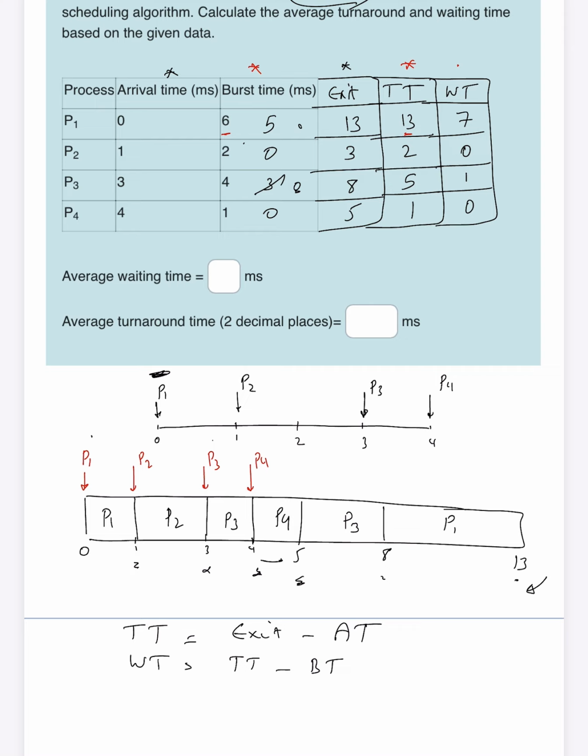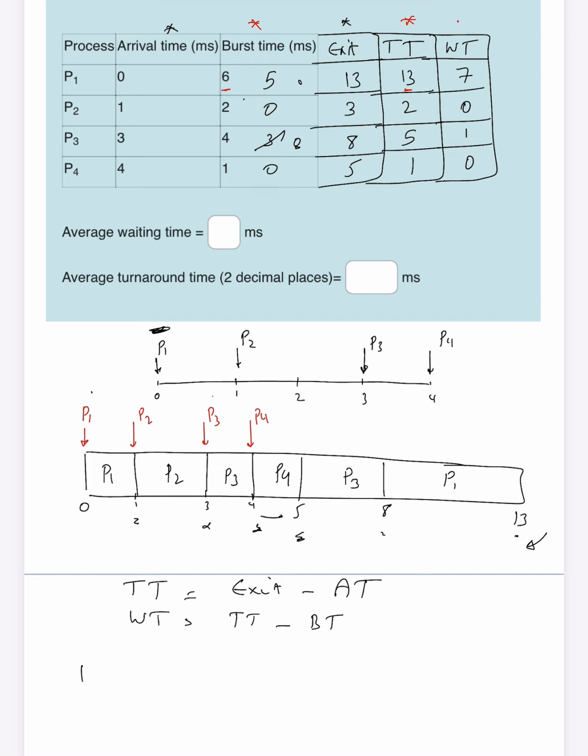So it looks good, and what we need to do is calculate the average waiting time and average turnaround time. It's very easy. For the average turnaround time, just add this column and divide it by 4, because you've got 4 processes. 13 plus 2 plus 5 plus 1 is 21, divided by 4, which equals 5.25 milliseconds.